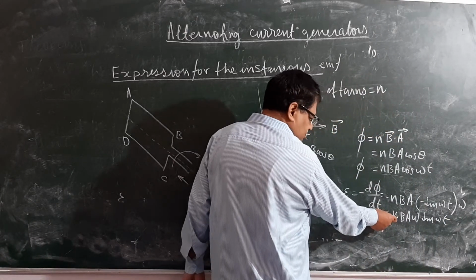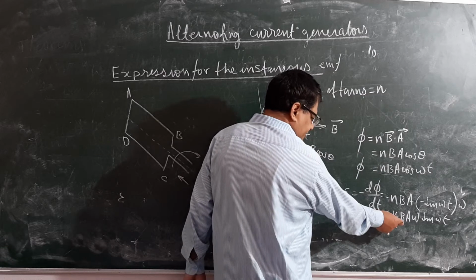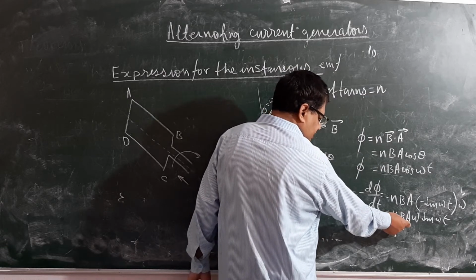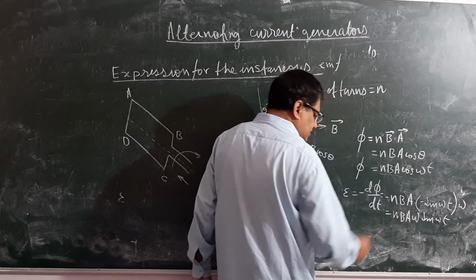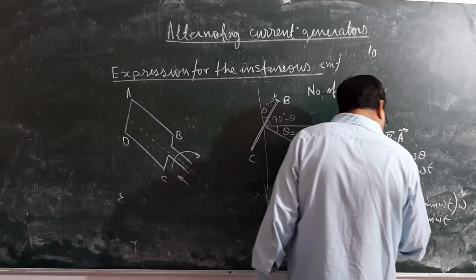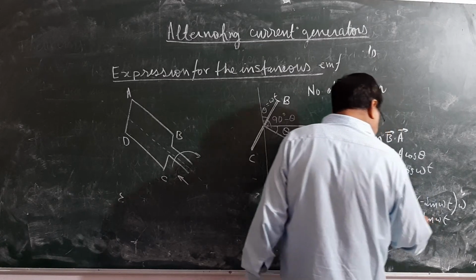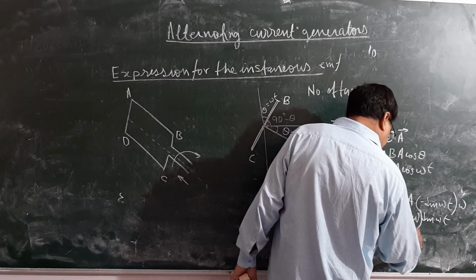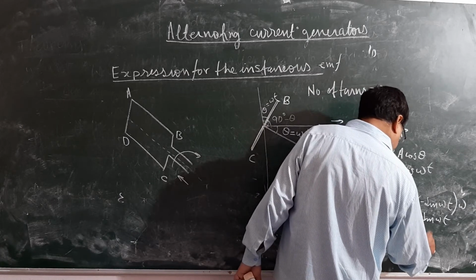Now the number of turns in the coil is constant. The magnetic field associated with the coil is also constant. Area of the coil is also constant, and omega is also maintained constant. So this entire expression will be a constant, and this can be written as E naught sin omega t.